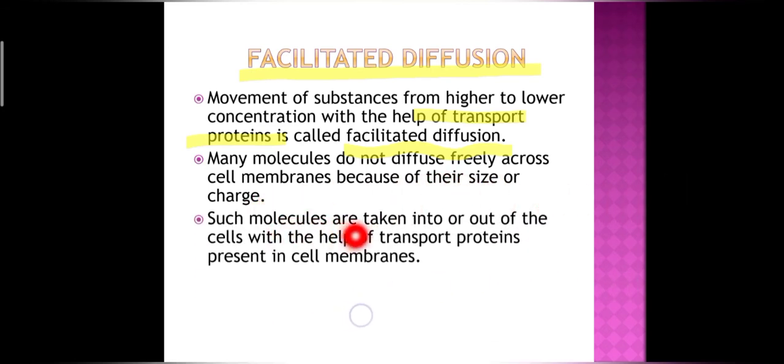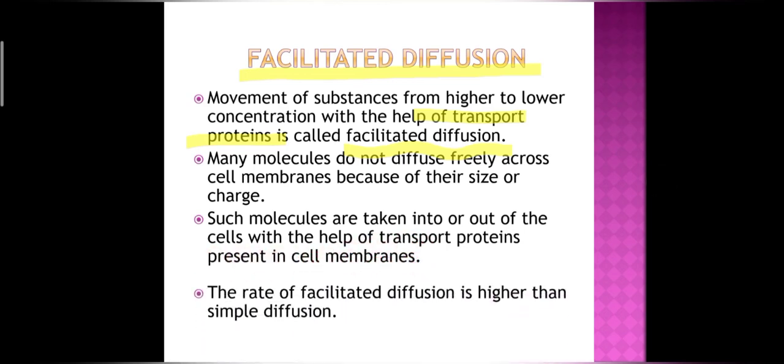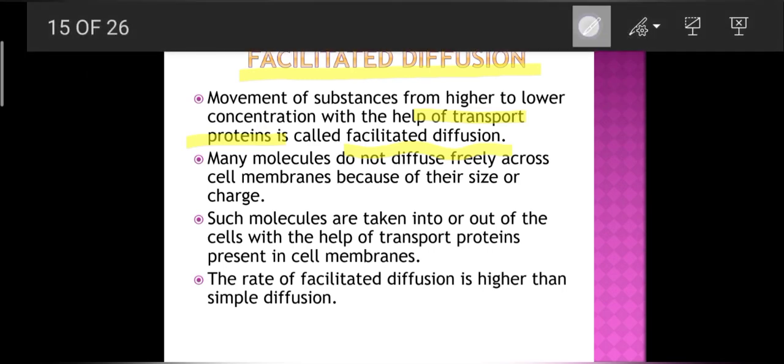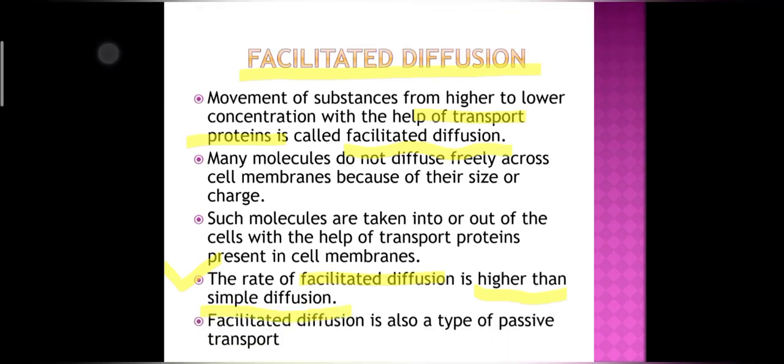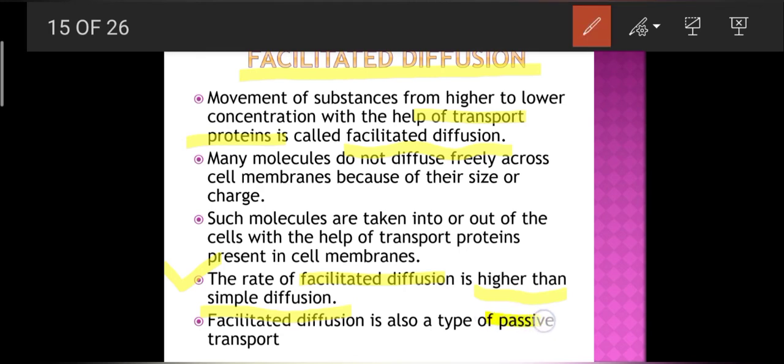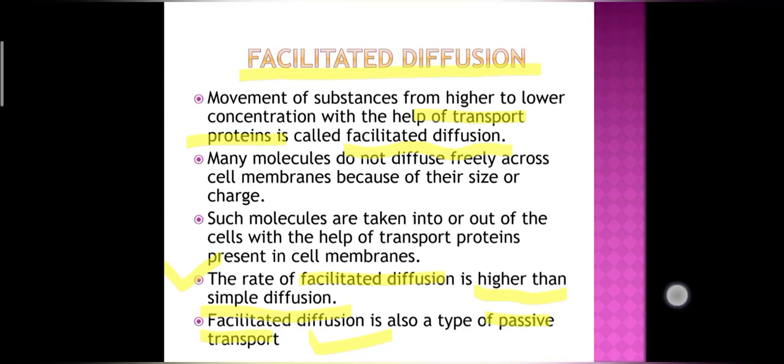So such molecules are taken into or out of the cells with the help of transport proteins which are present in the cell membrane. The rate of facilitated diffusion is higher than the rate of simple diffusion. Facilitated diffusion is also a type of passive transport because molecules are moving from an area of higher to lower concentration.